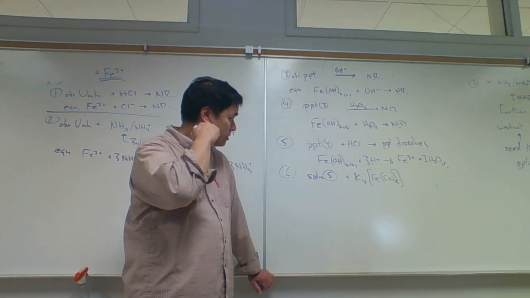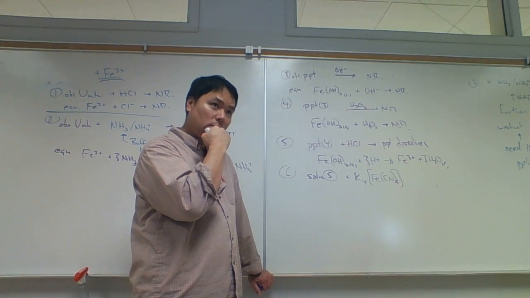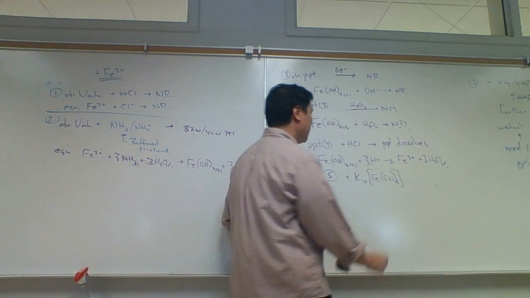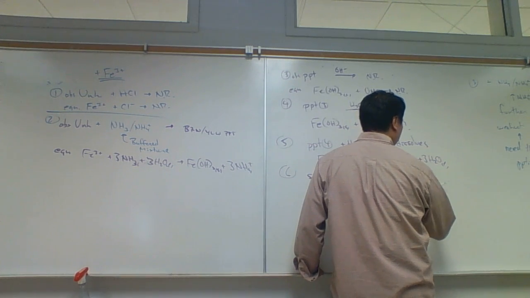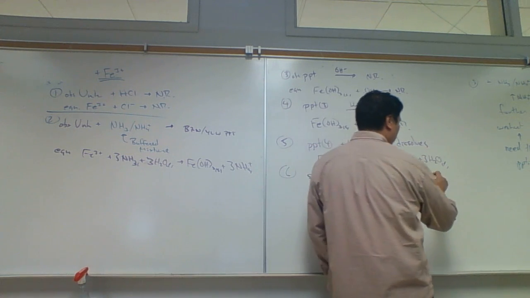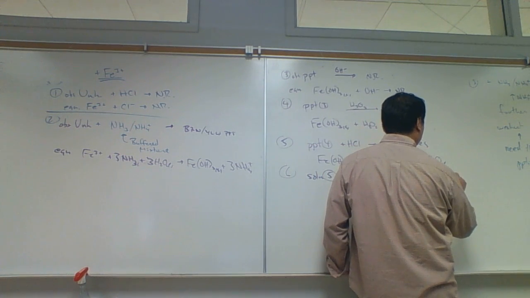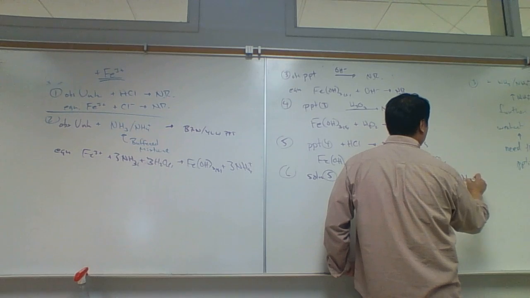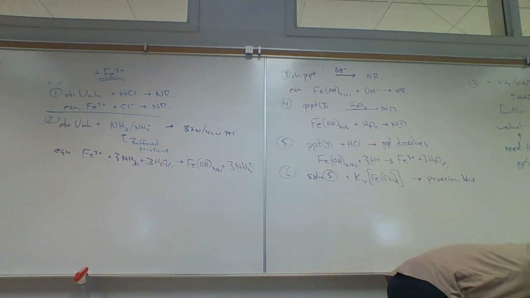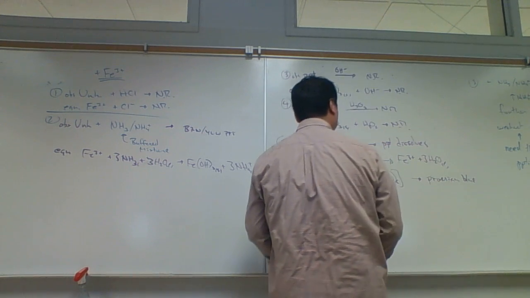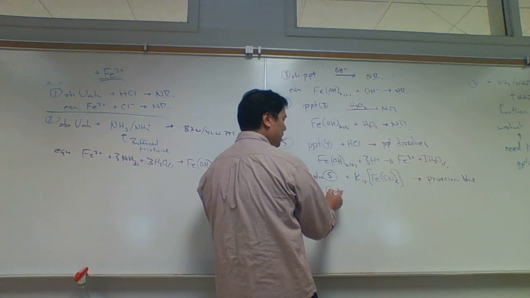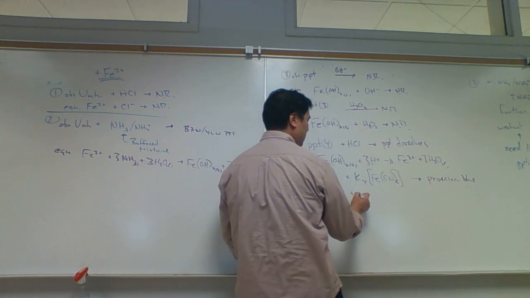Is that solution or solid or what? Okay. And this gives us what color precipitate? Prussian blue. In fact, this is Prussian blue. And so what is the precipitate? Well, it's iron 3. And what kind of reaction is this?